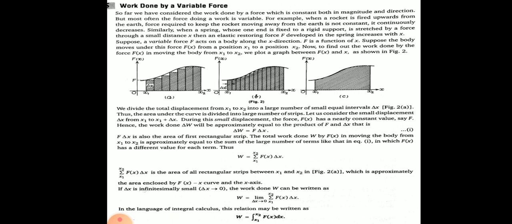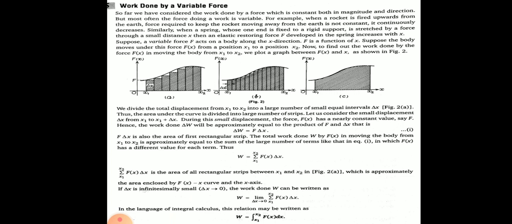Some work is being done by variable force, meaning the graph is not a straight line but a curve. How to find work done then? To find work done, we have to find the area under the curve, but we don't have any definite formula to find such type of area.